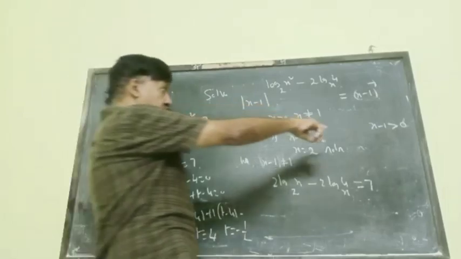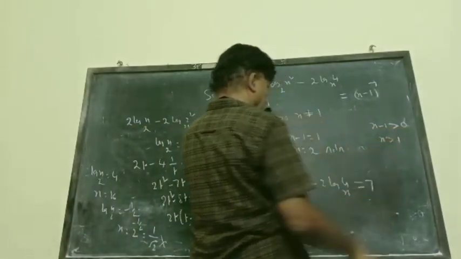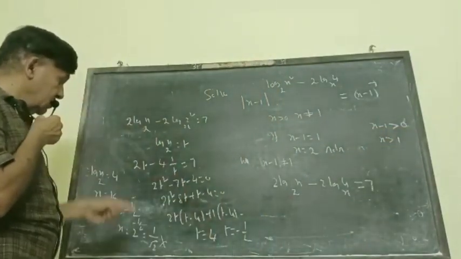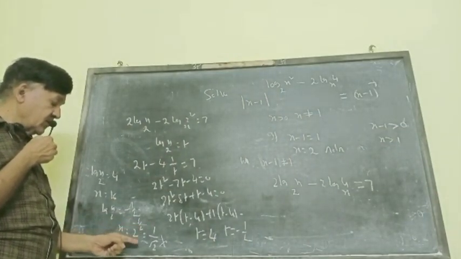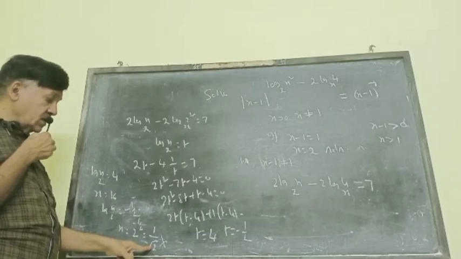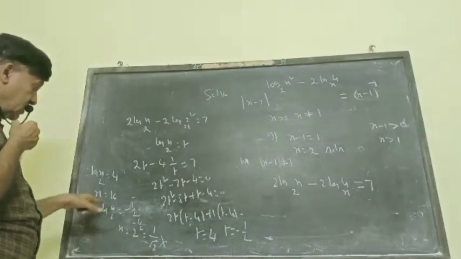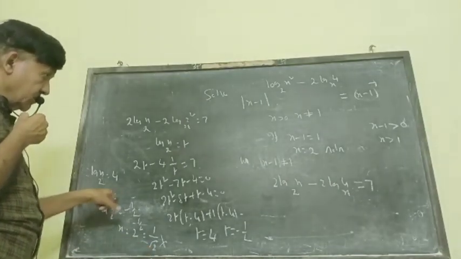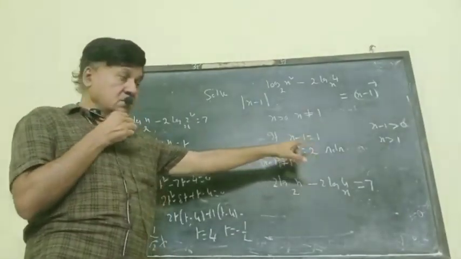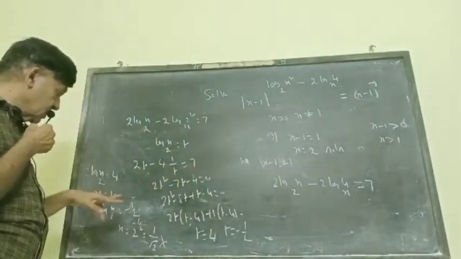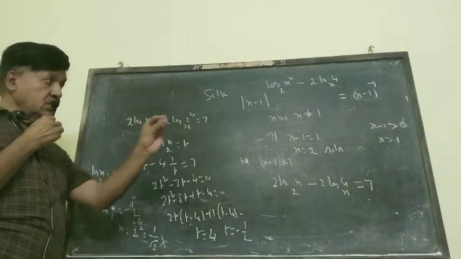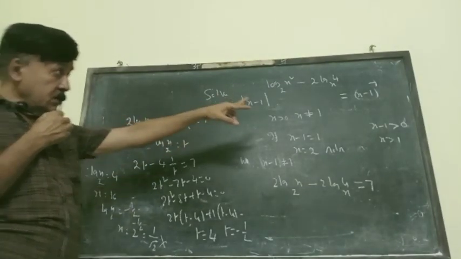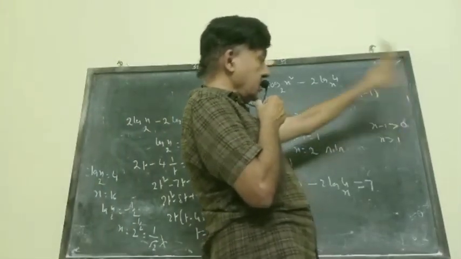So therefore, you cannot have 2 power minus 1 by 2. This is 1 by root 2 you will get. So your only answer is what? 16 and 2. So 2 is a solution, 16 is a solution, 2 power minus 1 by 2 cannot be a solution because x minus 1 has to be greater than 0.